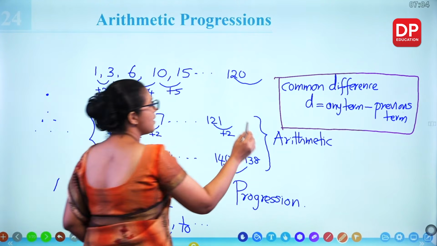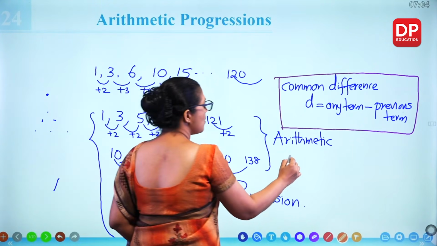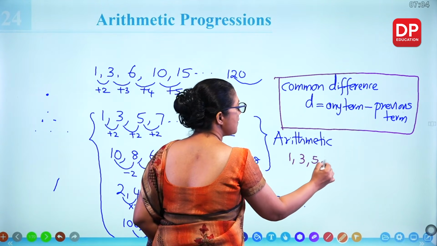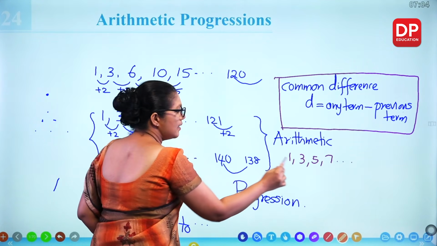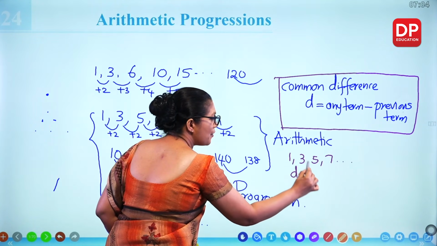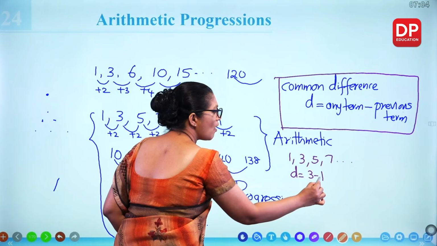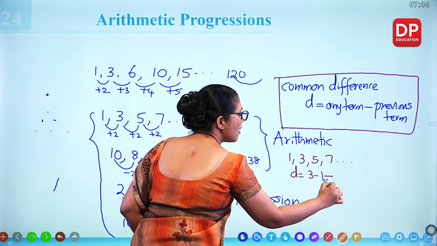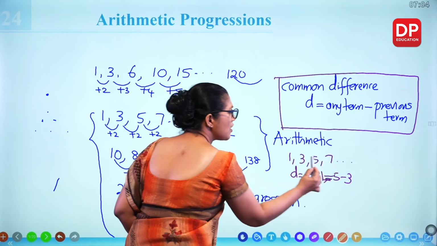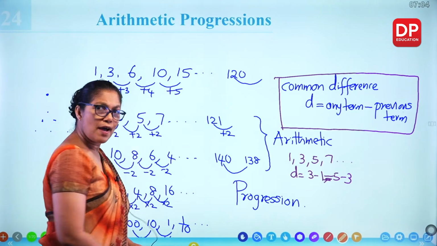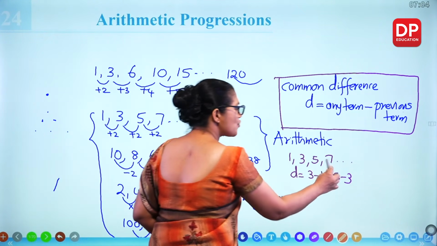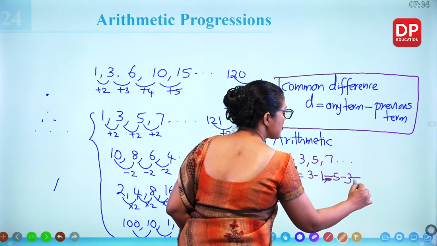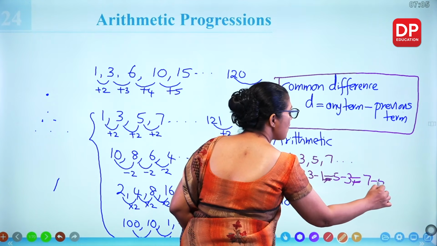Take the example 1, 3, 5, 7. D is 3 minus 1, or I can write 5 minus 3, because these are two consecutive terms, and if I take these two, that's equal to 7 minus 5.